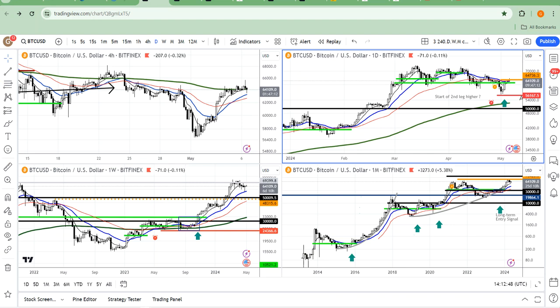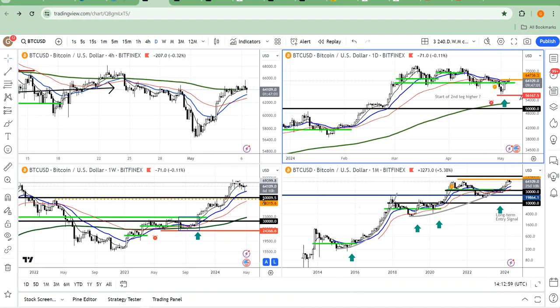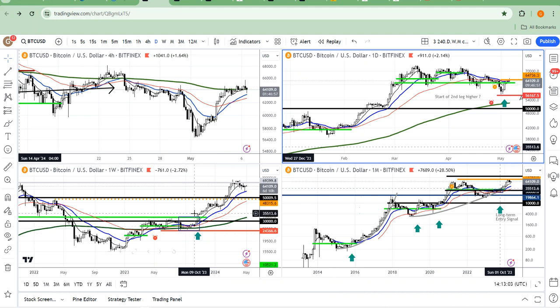Now finally, let's have a quick look at the crypto markets. Bitcoin versus dollar, it looks like we get another second entry signal for a second leg higher. This was the long-term entry signal back in October last year. They went really nicely, right? Price more than doubled.